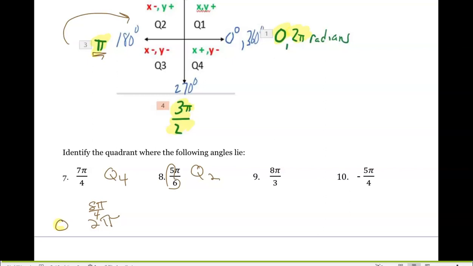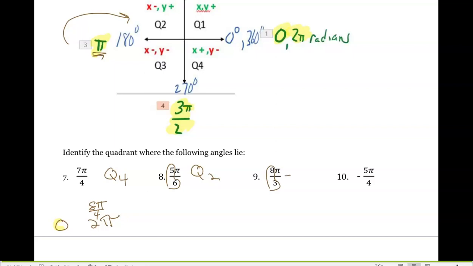8 pi over 3, I'm going to use coterminal angles because I know 8/3 is greater than 2 pi. So it's beyond my circle. If I want to subtract 2 pi, what will that be in terms of thirds?